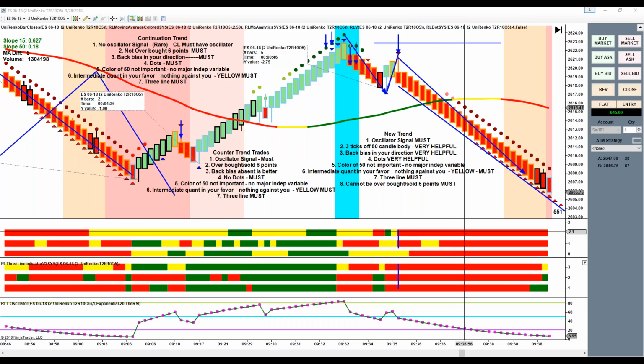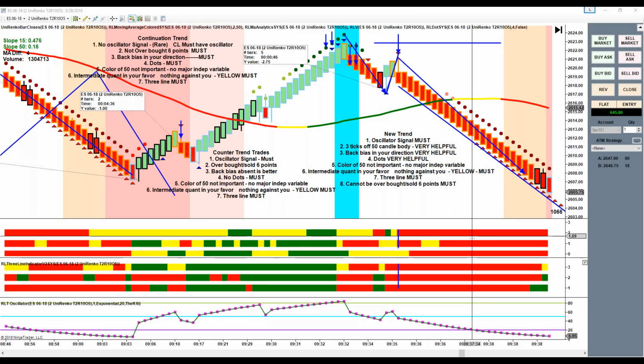So you've got yellow, red, yellow, you've got a trade for the quants. You're good to go. For the E-mini, right now the E-mini is being ruled by the correlative markets in that intermediate quant. That's good enough. Anything else is just gravy.